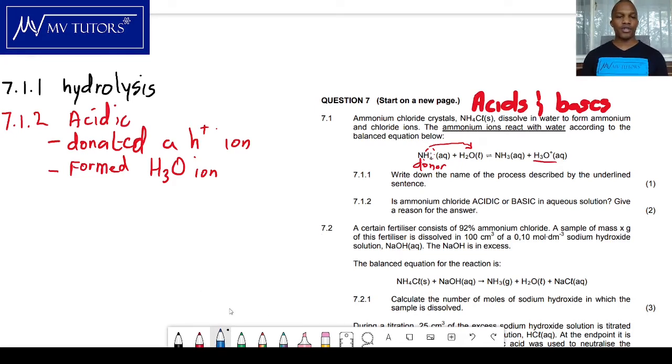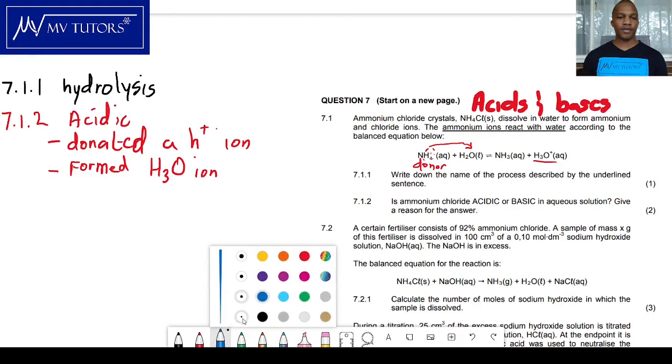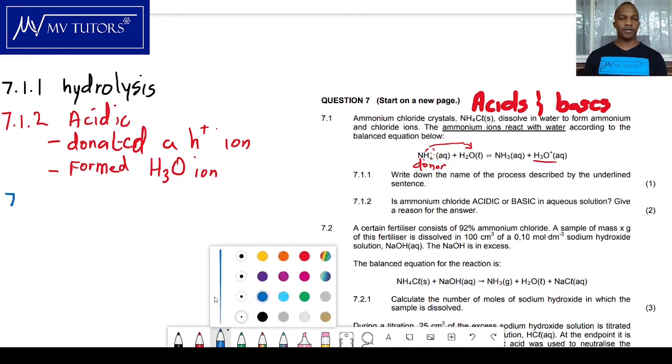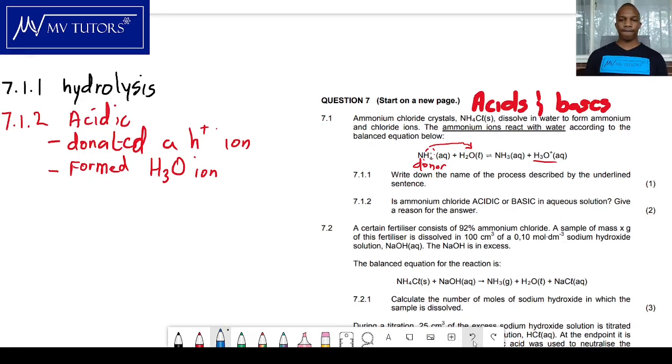7.2. Let's go to 7.2 now. Let's make sure our pen is small. Oh, it's still big. Let's make it small. I want it small. There. Let's see. 7.2. Okay, a certain fertilizer consists of 92% ammonium chloride.